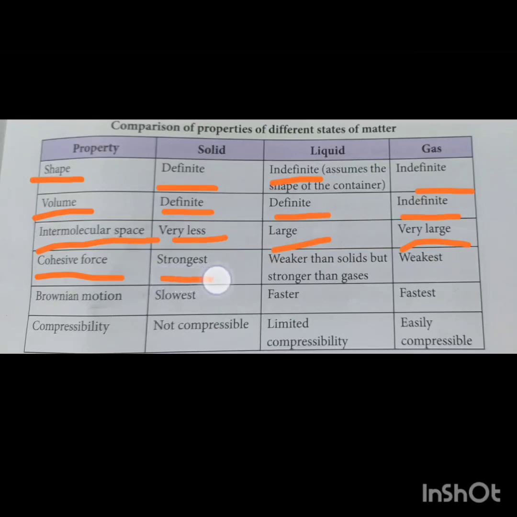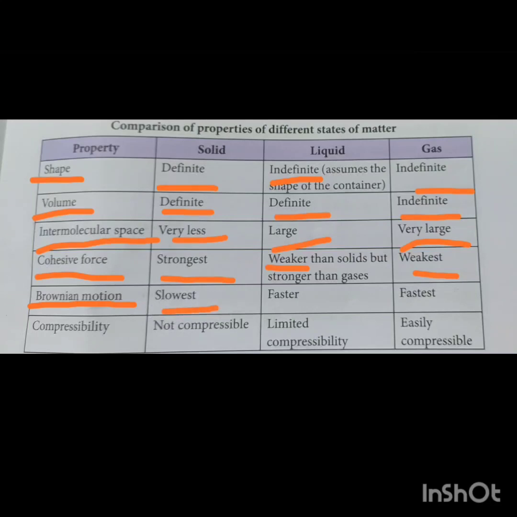Next property, cohesive force. Solids have the strongest cohesive force. Liquids have weaker cohesive forces than solids but more than gases. And gases have the weakest cohesive force. Next property, Brownian motion. In solids, the Brownian motion is slowest.